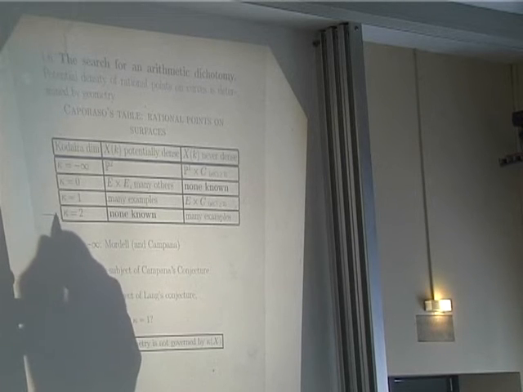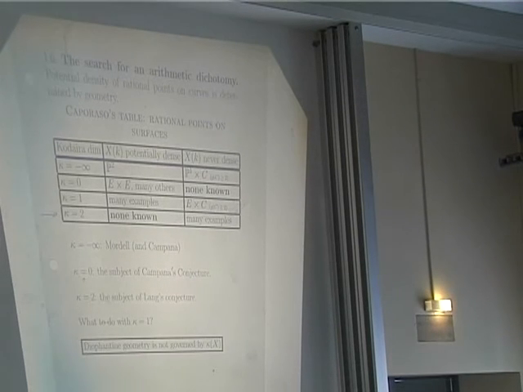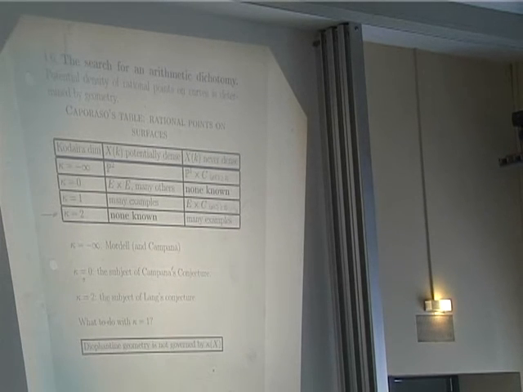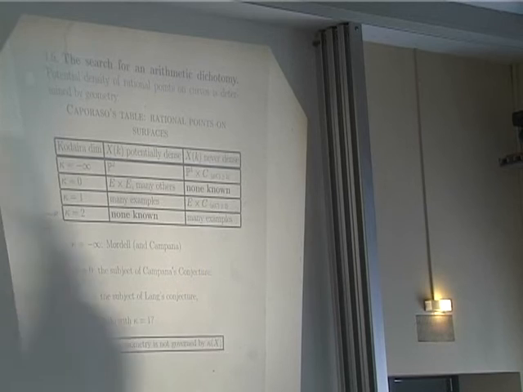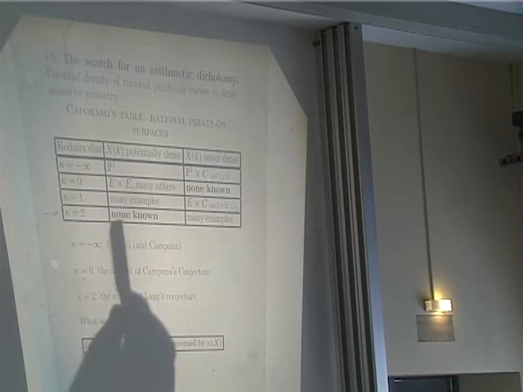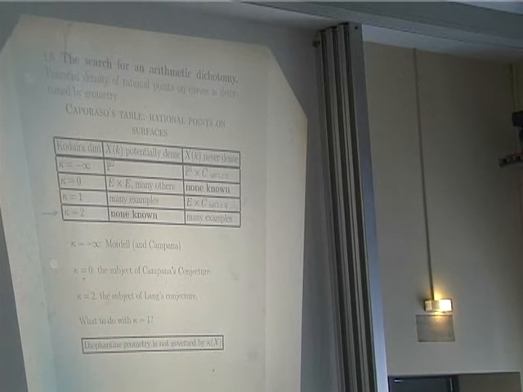So here is what Lang's conjecture says, and we know quite a number of examples, maybe not many, of surfaces of Kodaira dimension 0 which have few rational points, non-dense rational points. We don't know any counterexample to Lang's conjecture.